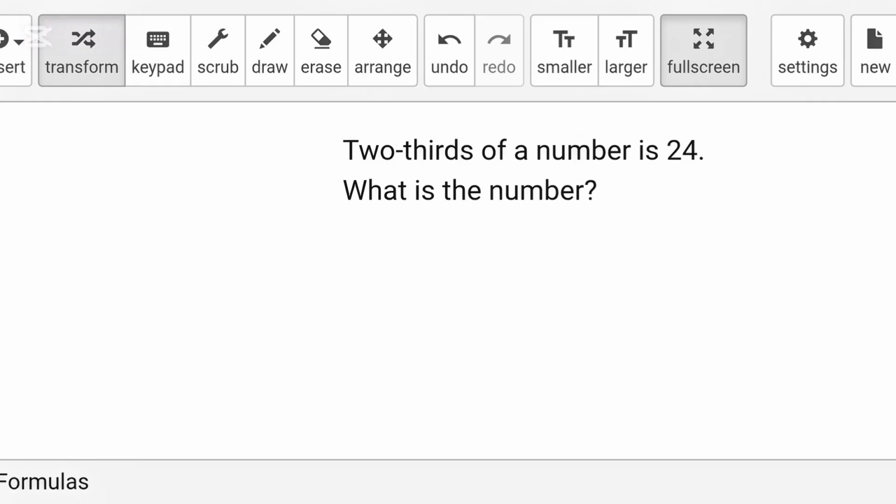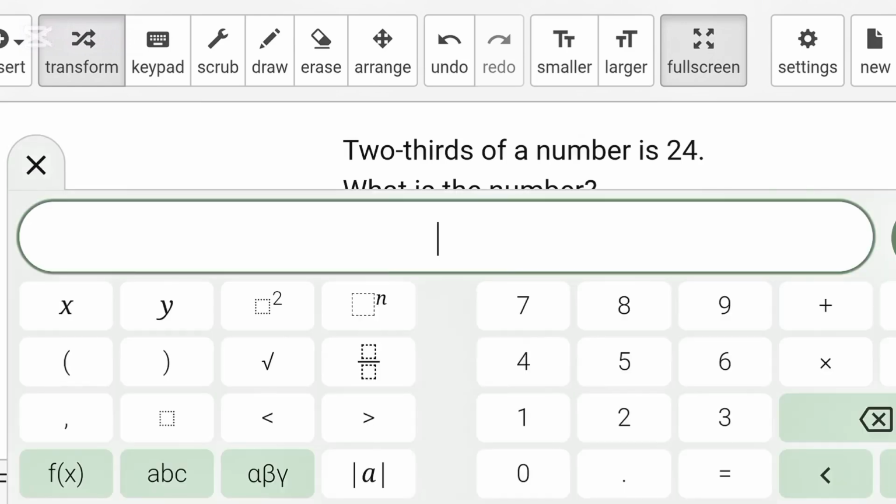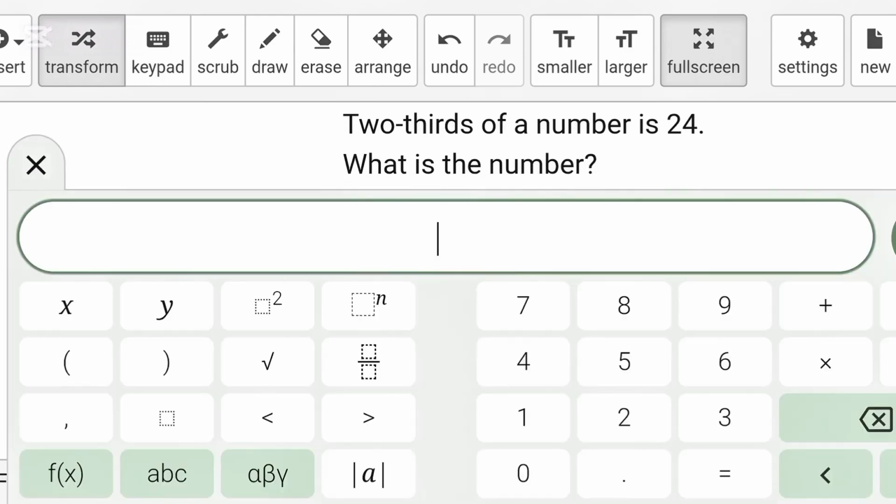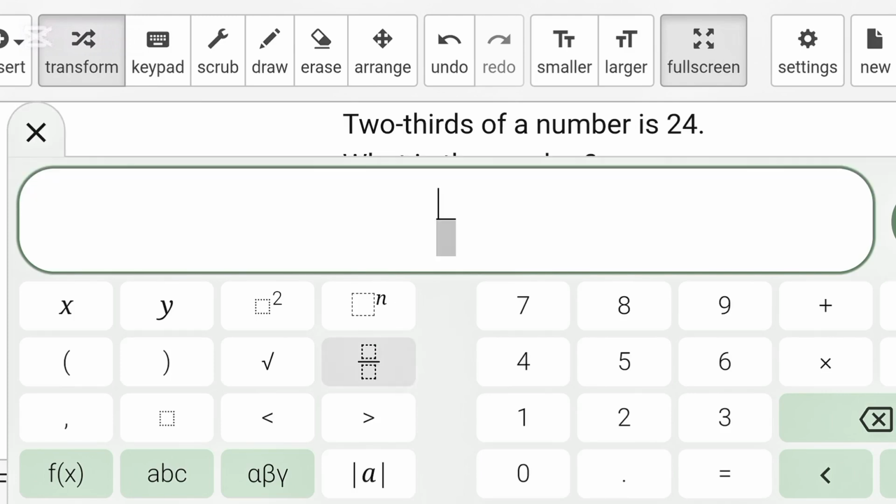So I'm just going to come here, and I think I can read this as 2/3. So we're going to say 2/3 is a fraction, 2 over 3, that's 2/3. Now the next statement we have there is, of a number is 24. Of is the same thing as times. So of a number should be x.